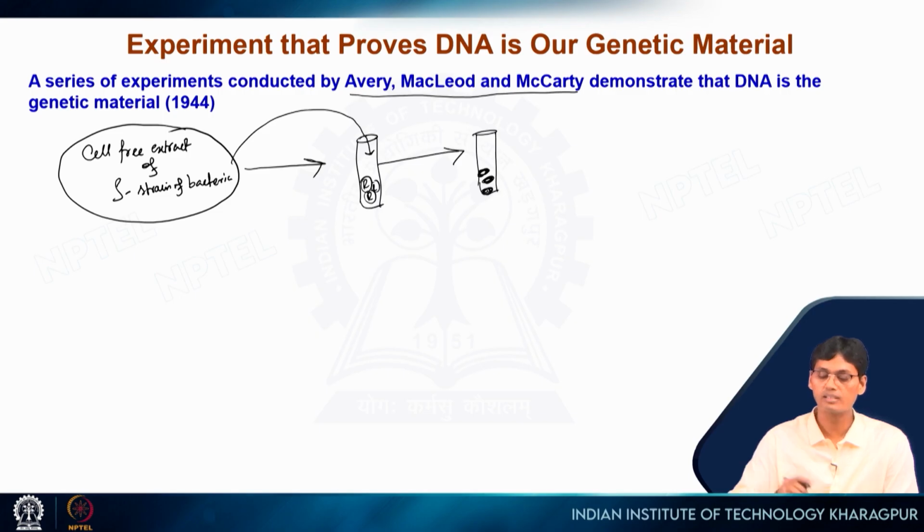That means they avoided the use of mouse, but still you can tell that the cell-free extract of the S strain can convert the R strain into the S strain.